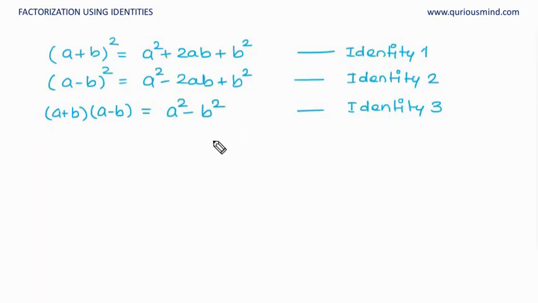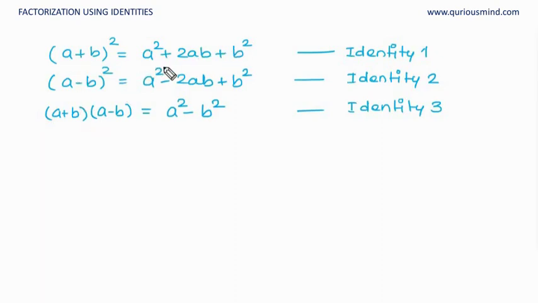Now, when we see an expression, if we see that the expression resembles the right hand side of any of these identities, then we will replace it with the left hand side of the identity, and that will be our factors.